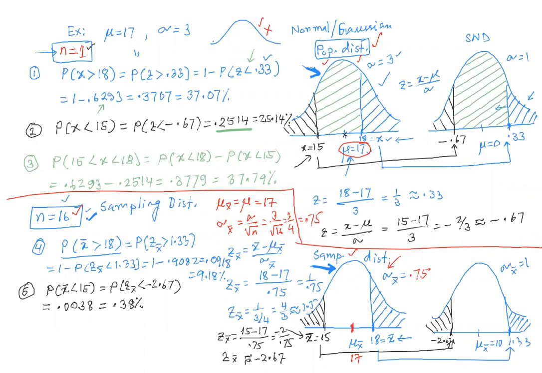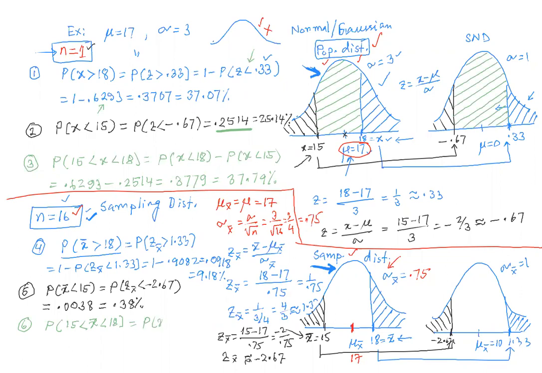The next thing is this. Number 6: find the probability that the average of 16 people falls between 15 and 18 hours. We did it before.